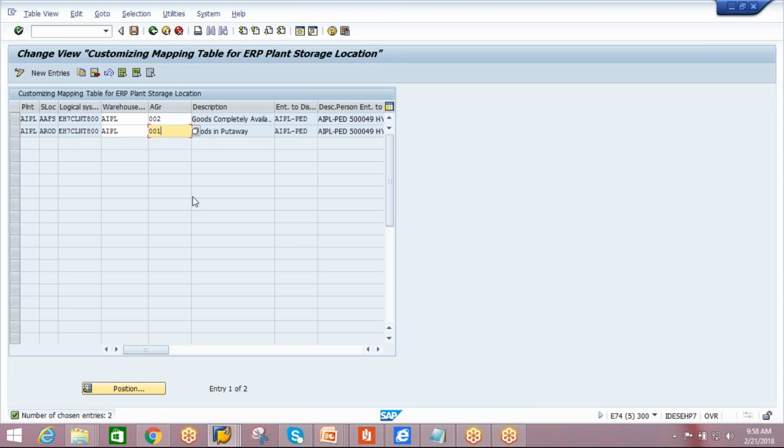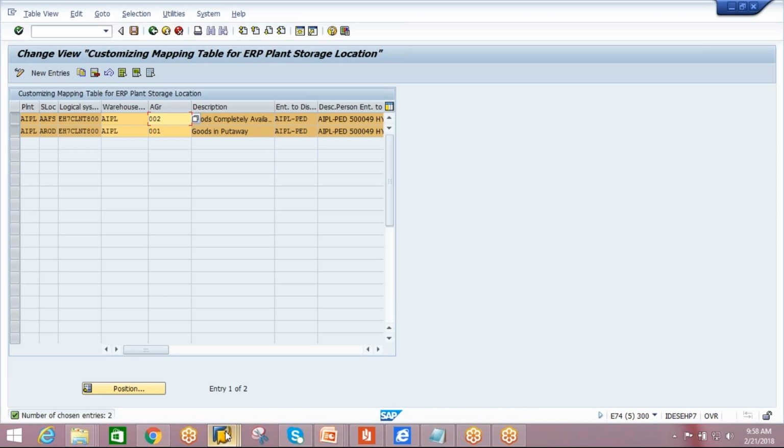See here, logical system EH7 CLNT 800. This is the logical system, whose plant storage locations are connected to 001 and 002. One storage location is connected to 001 and another storage location AAFS is connected to 002.